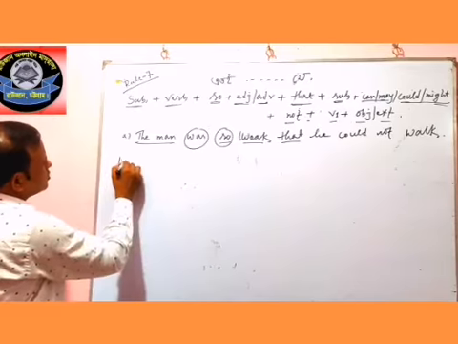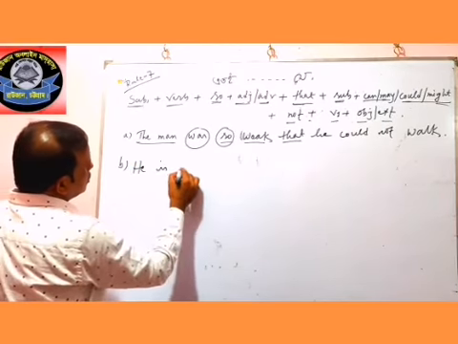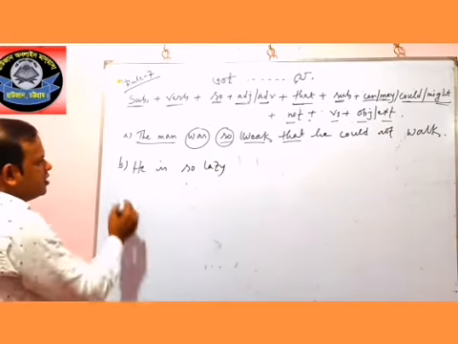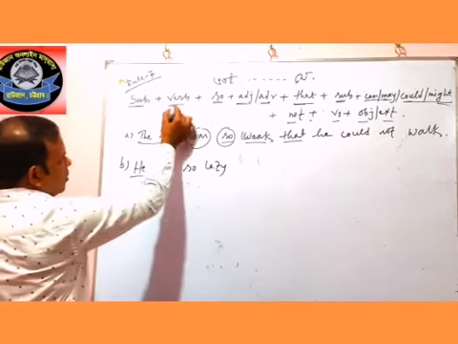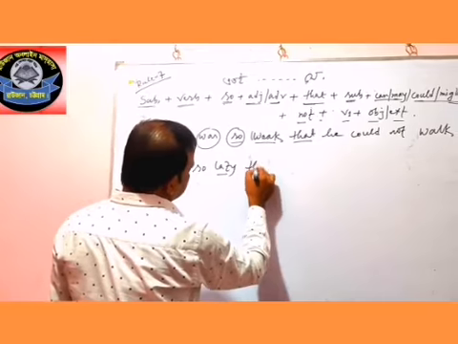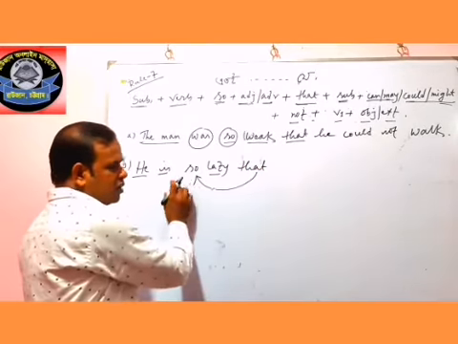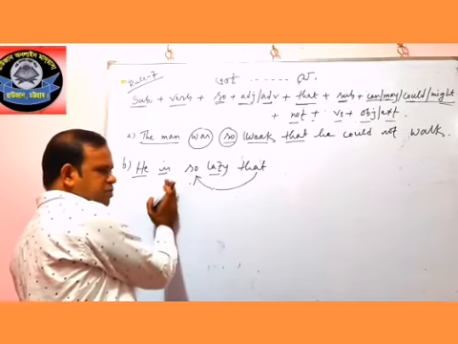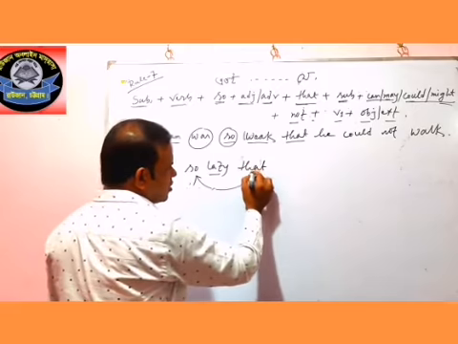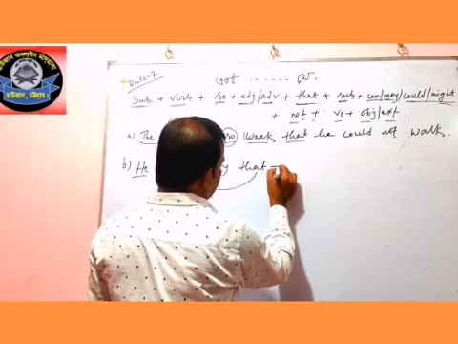Next example, he is so lazy. He is so lazy. He is the subject, verb, so plus adjective. He is so lazy that is followed by so. If you see so in the previous part, you have to start the next part writing that.